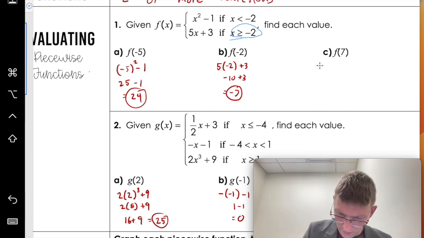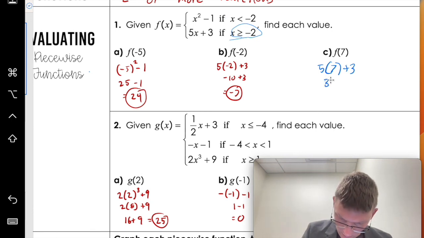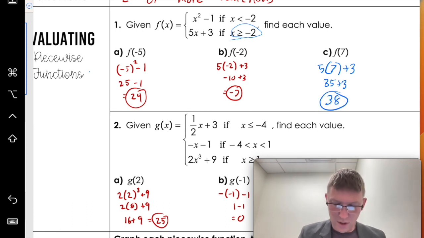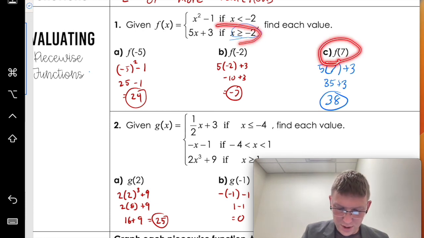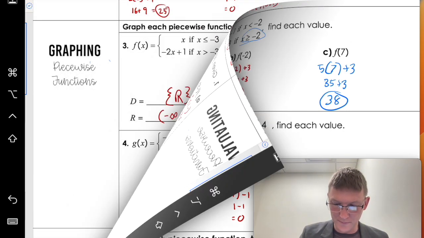So we're going to have 5 times 7 plus 3. 5 times 7 is 35. So we have 35 plus 3, 5, 6, 7, 8, 38. So at this point, it is just taking the number, figuring out which equation to plug it into, and then plug and chug. So let's try some graphing.